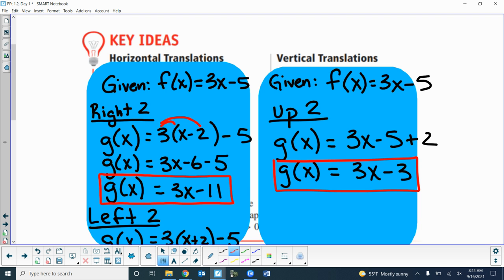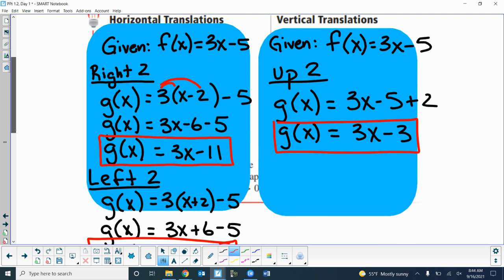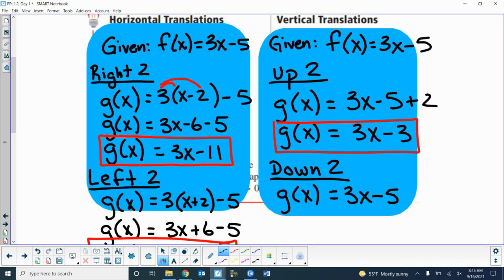Okay? And then if we're going to go down 2, what are we going to do at the end of our function? What am I going to put here? It's going down, so minus 2. Okay? So those are the pretty easy ones.